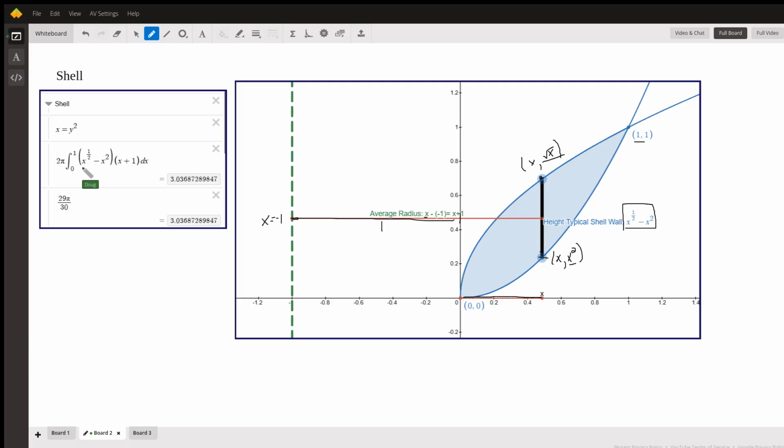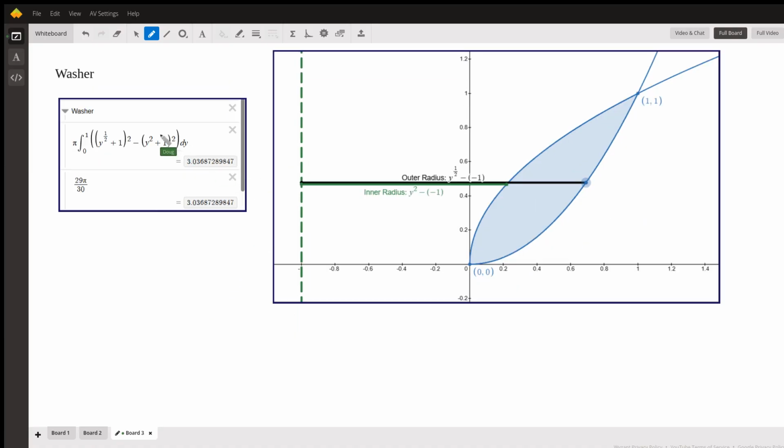So there's your height of the shell. There's your average radius. We're integrating from 0 to 1 because that's where the shell walls appear, between this 0 and this 1. And then there's the multiplication of 2 pi. And if you multiply these two binomials together using FOIL, find an antiderivative, evaluate from 0 to 1, multiply by 2 pi, there's an exact value, 29 pi over 30.